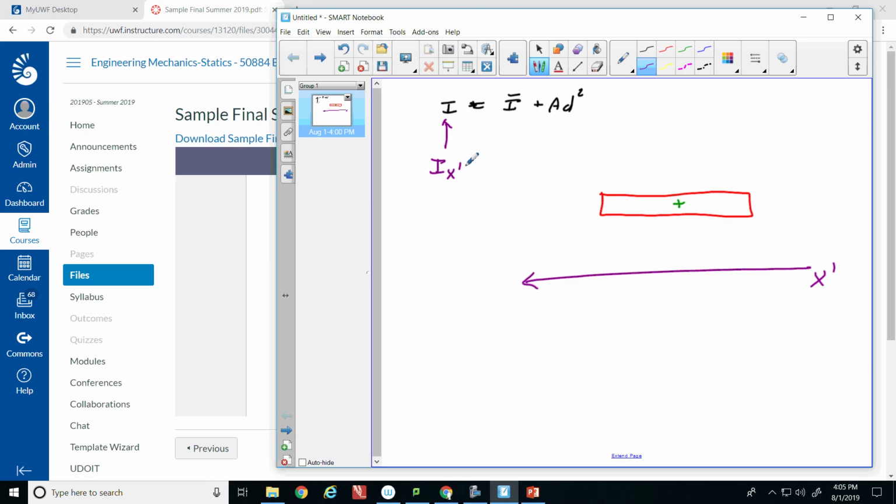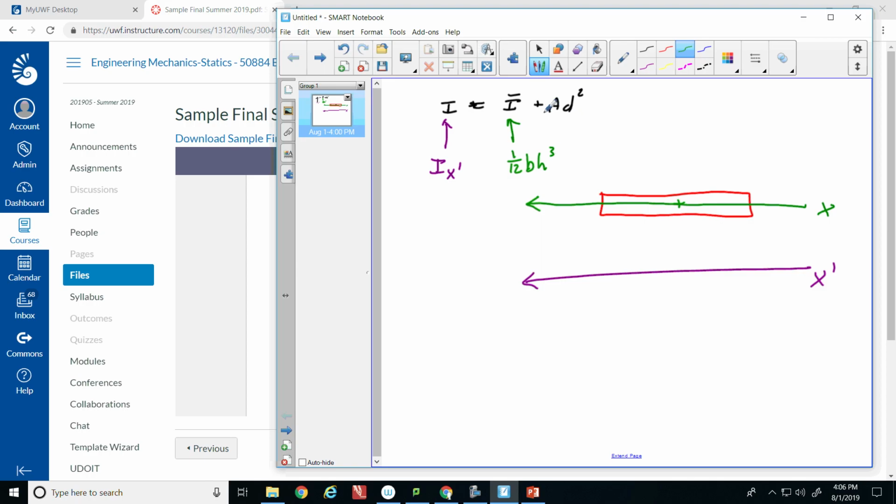In order to get the moment of inertia about the x prime axis, you get the moment of inertia about its own centroidal axis first. That's the centroidal axis. In this case, it's 1/12 base times height cubed, and those formulas will be given to you. Make sure you look at the sample test because it shows you the formulas and everything you'll get.